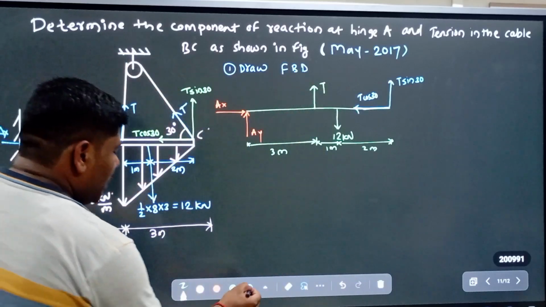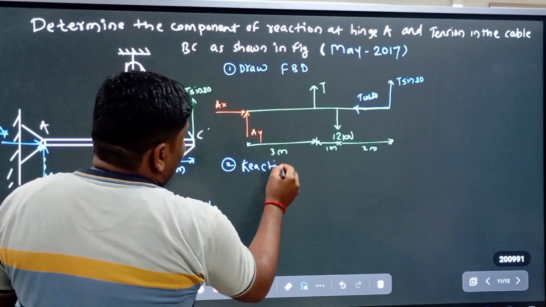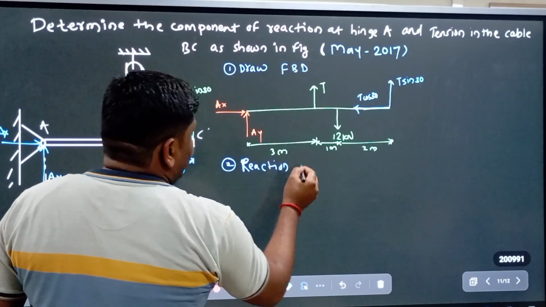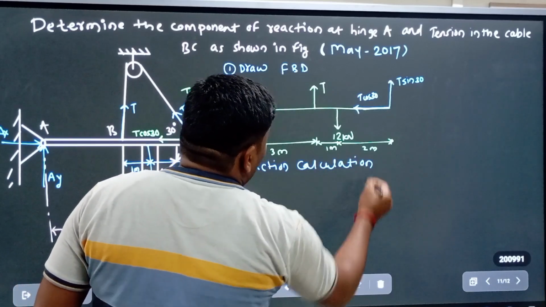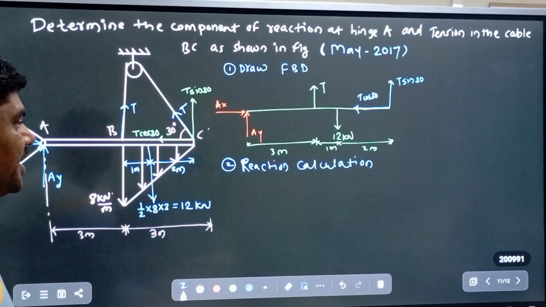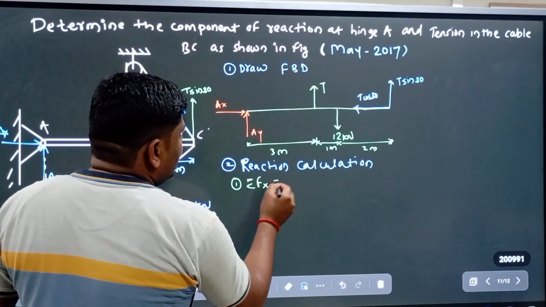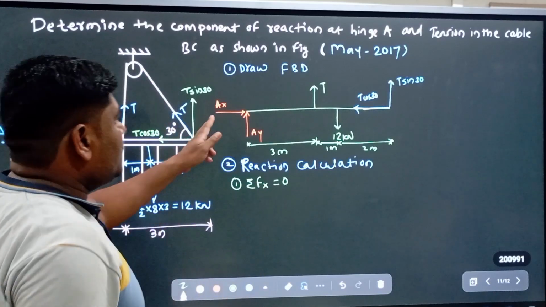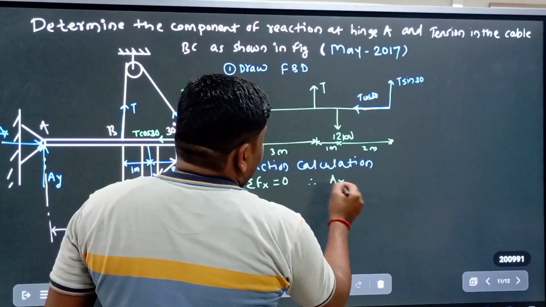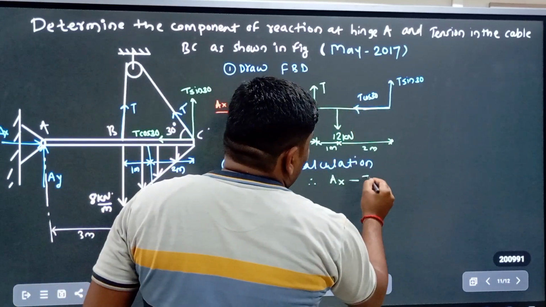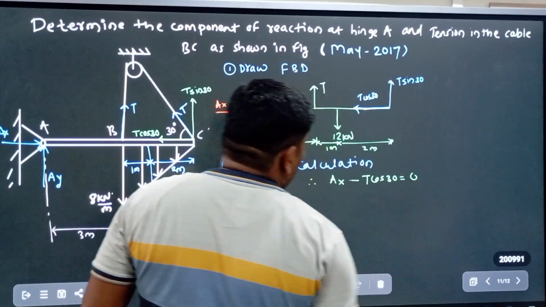Now step number 2 is reaction calculation. Here we have to find the values of AX, AY and tension T. First condition is summation of horizontal forces equal to 0. Horizontal forces: right side positive, left side negative. So here AX, which is right side so positive, minus T cos 30 equal to 0.